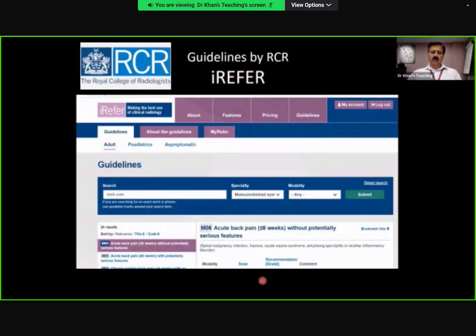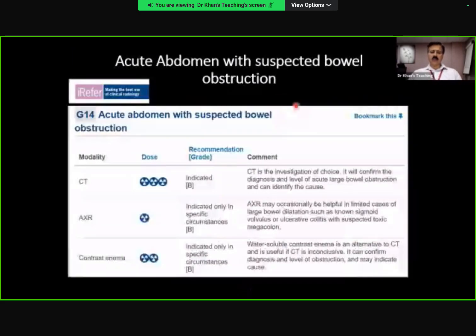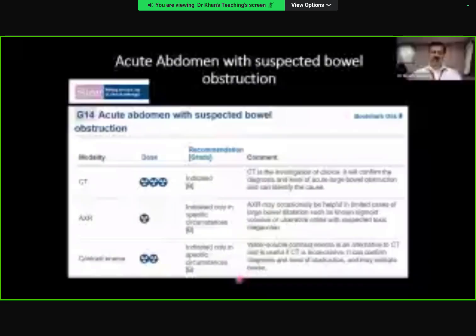It is available for members, and basically there are algorithms there for various kinds of clinical scenarios, and examiners will ask them. Please remember, they ask these questions, and between the lines, there are many things written here which they might ask.